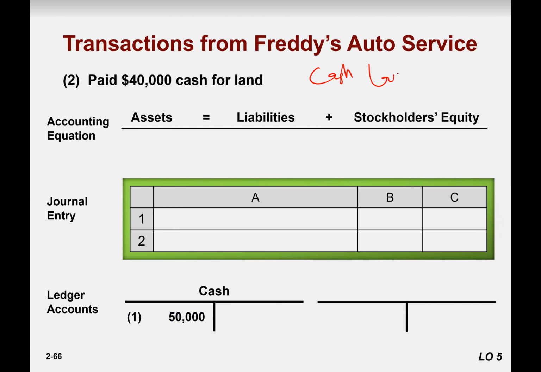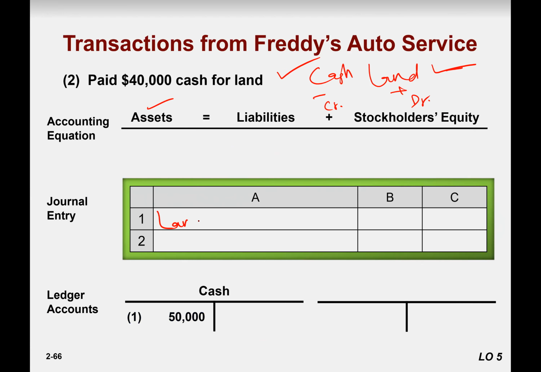So which one increases and which one decreases? Cash decreases. Land increases. Now you can make the entry. Increase in land means debit or credit? Increase in land means increase in asset, right? Debit. Decrease in cash means decrease in asset? Credit. So now, can you make the entry? How do you pronounce it? Land to cash.